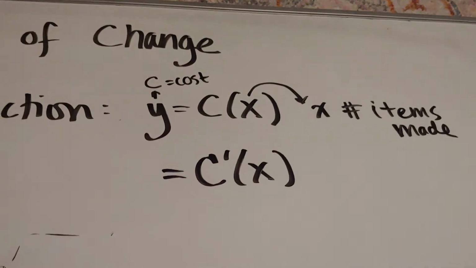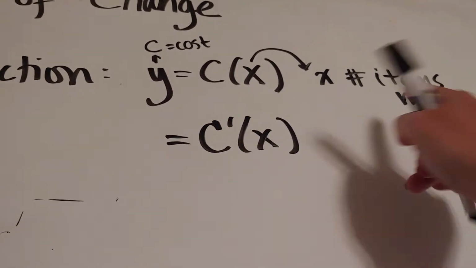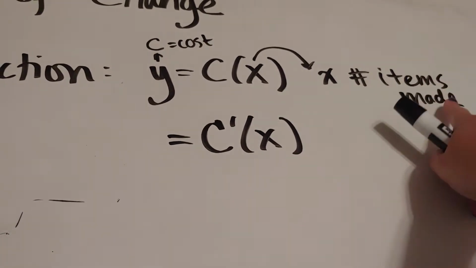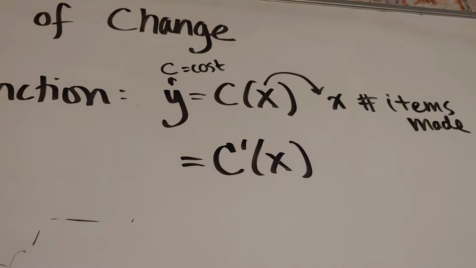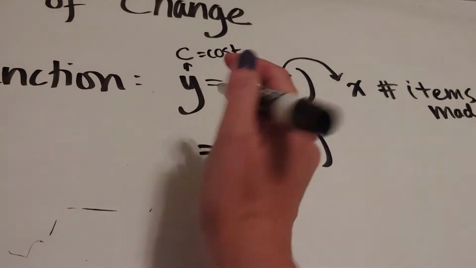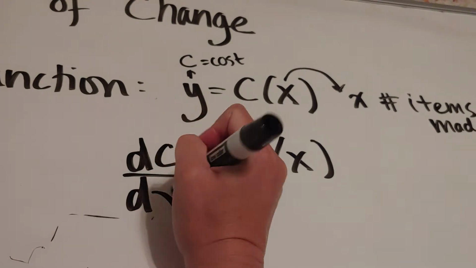So if I'm running a business and I want to make and sell t-shirts, then maybe x is the number of t-shirts I made, and that's my cost in making those t-shirts. Okay, so here instead of writing dy dx, I'm going to actually write dC dx.